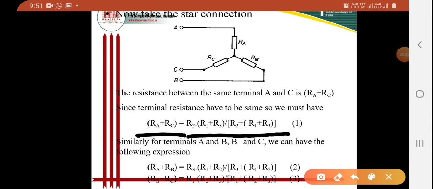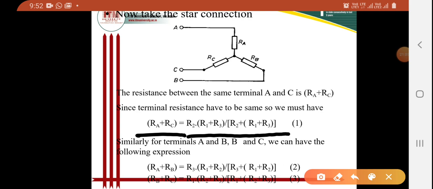Similarly, for terminals A and B, we can find the equivalent values for star connection and delta connection and equate them. Similarly, we can take terminals B and C, and find the equivalent resistance for the star connection and for the delta connection.